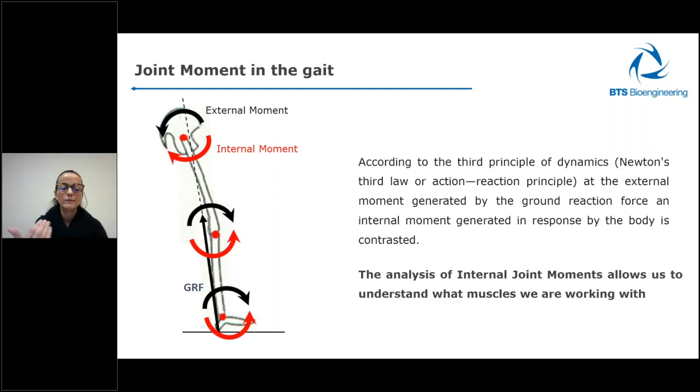Obviously, if at the ankle level, we say that the internal moment is a dorsiflexor moment, it means that dorsiflexor muscles are working to generate this response. At the knee and hip level, the extensor muscles are working in this precise moment of the gait cycle.